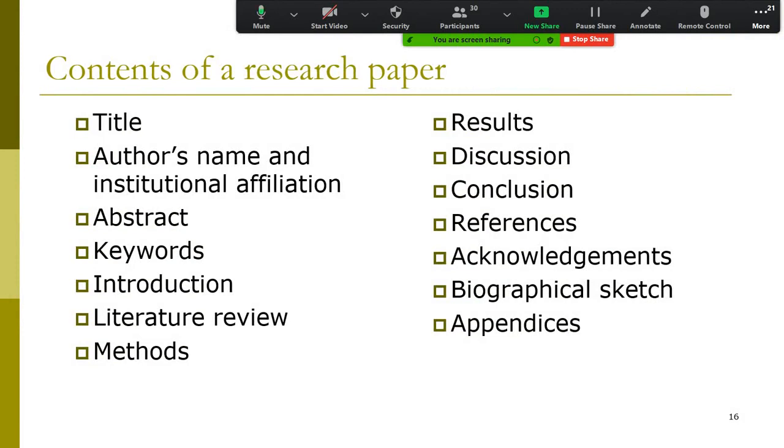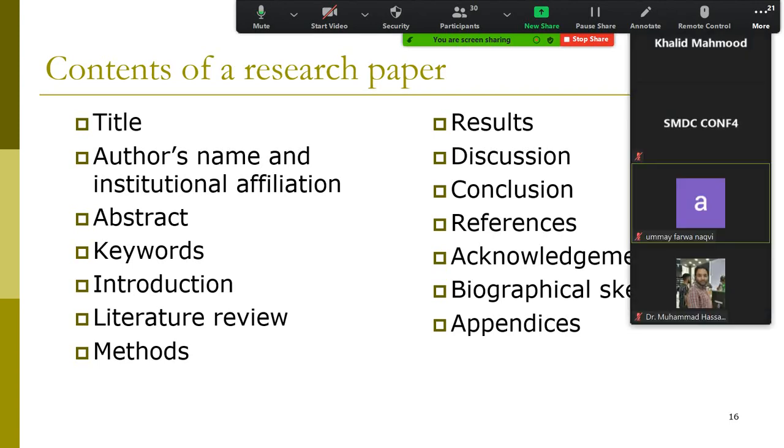There is a list of contents. Normally, it is a common list of research papers in good journals. So there is a title, author's name, and institutional affiliation, abstract, keywords, introduction, literature review, methods.